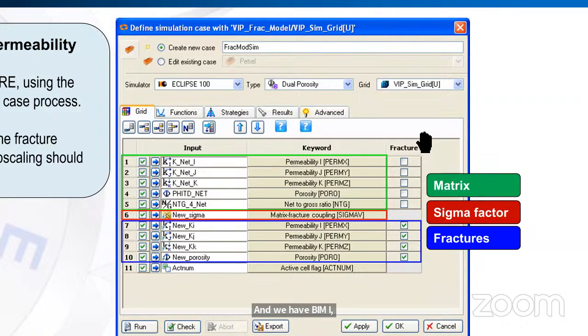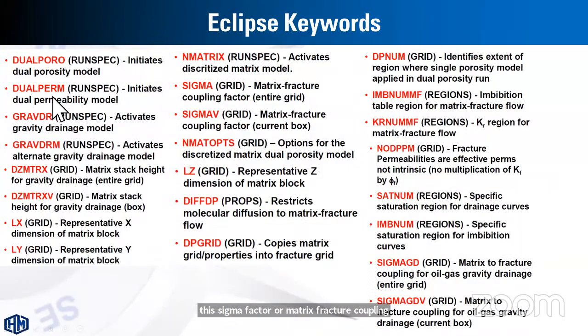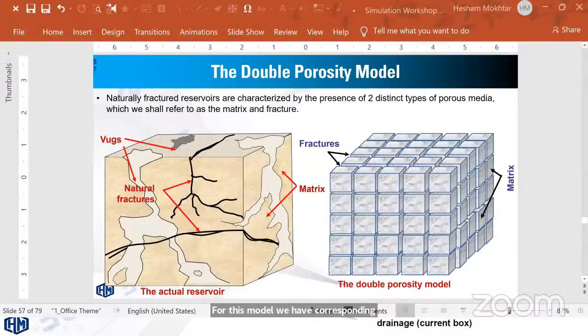This is only for the fracture network. In between, we have to link matrix and fracture using this sigma factor or matrix-fracture coupling transmissibility. For this model, we have corresponding keywords.